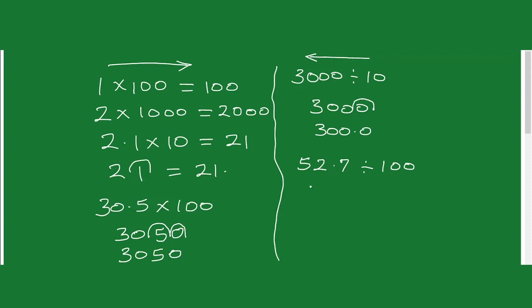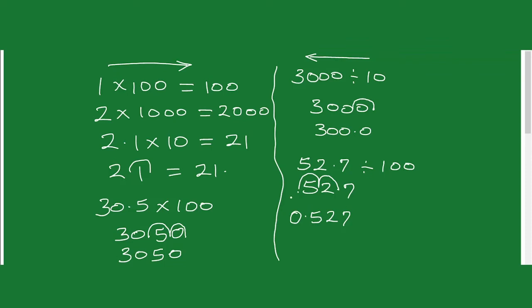So we write 52.7 divided by 100. Move your decimal point first time, second time. Your decimal point lands here. That is 0.527. And you will have your 0 here, because that's what will be next to it.